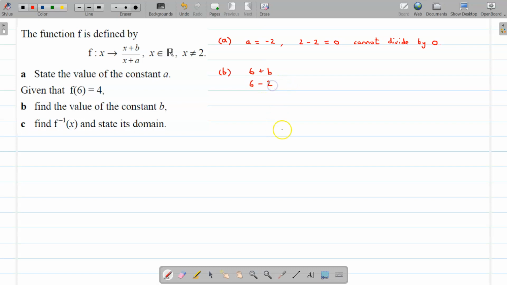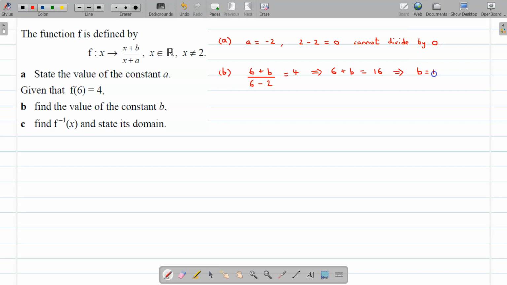And we know that equals 4 because they're telling us that in the question. So if we multiply by the denominator, we get 6 plus b equals 4 times 4, which is 16. And from that we can see that b is 10.